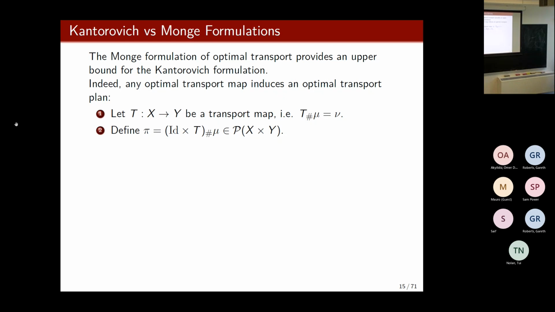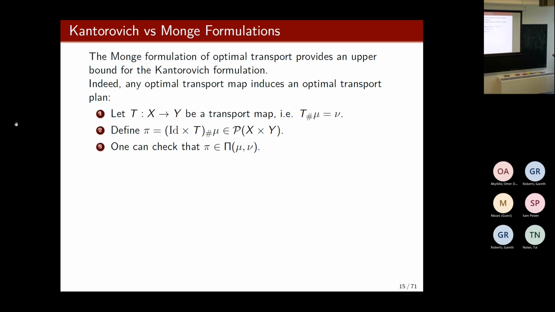But the point is, one can check that this pi has the right marginals. So in particular, this pi is in the set capital Pi of mu and nu.